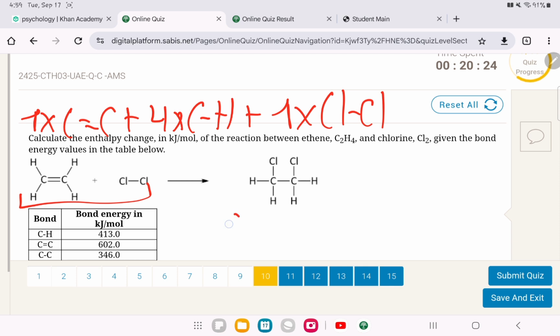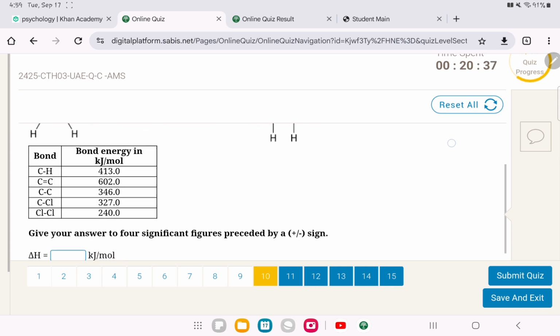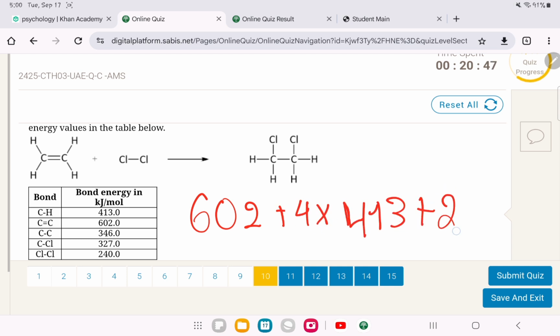So it's gonna be 602 plus 4 times 413, plus the Cl is 240.